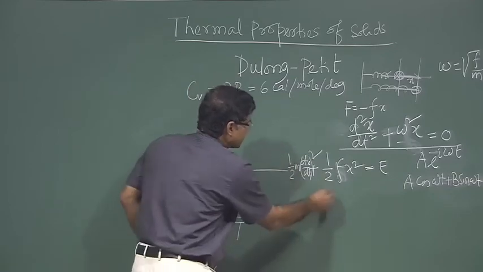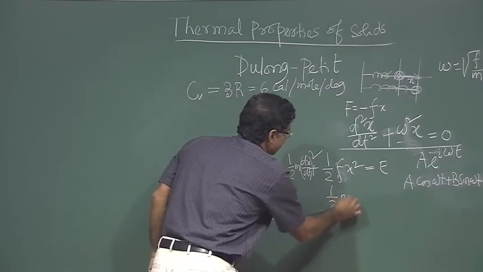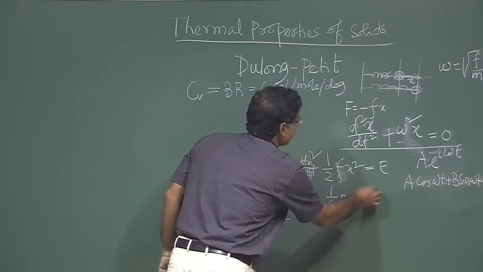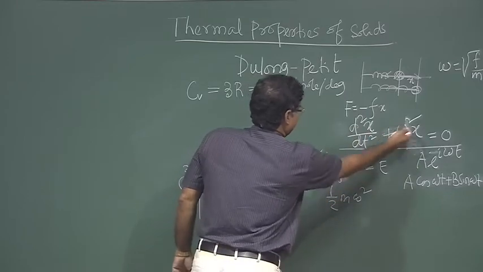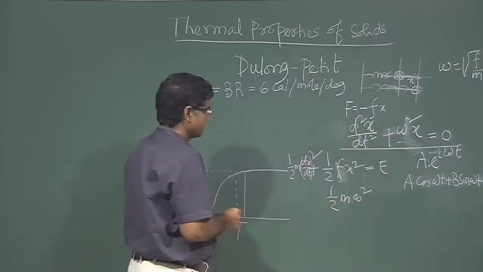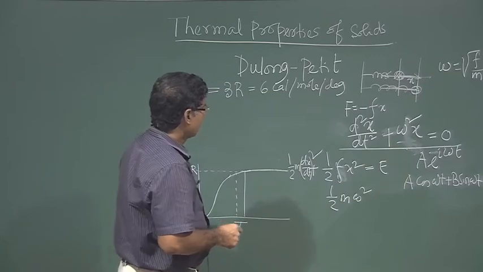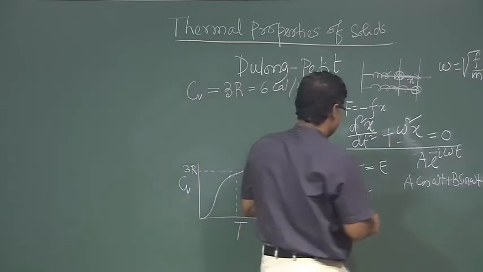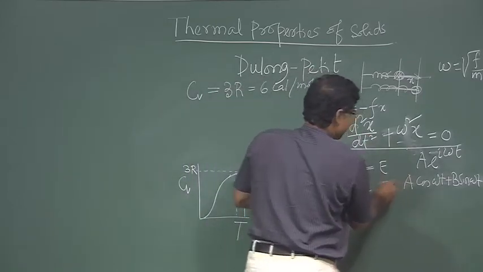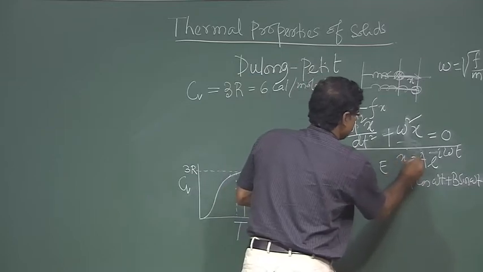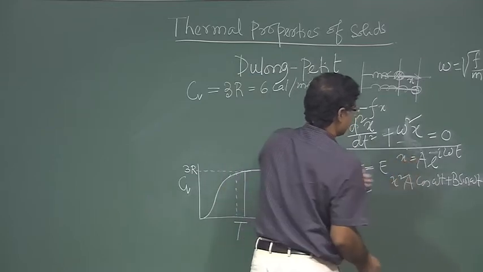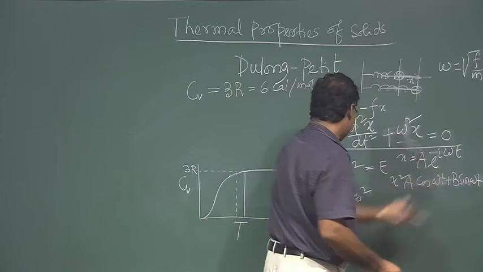Your potential energy will be half m omega square x square. Since x is given by this, if you differentiate twice, omega square comes out.